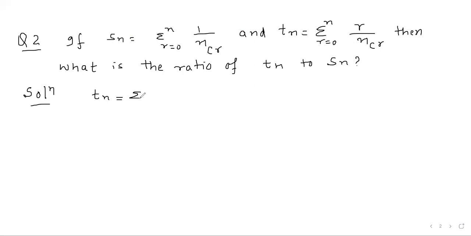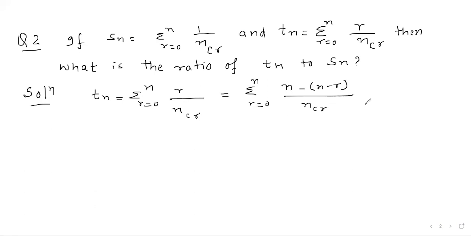So Tn is given as r = 0 up to n, then r divided by nCr, and r can be written as 0 up to n, and here we write (n - r) divided by nCr, which can be written as sigma r = 0 to n of n divided by nCr minus sigma r = 0 up to n of (n - r) divided by nCr.